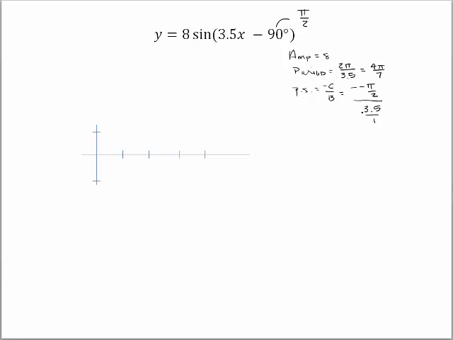And what do we do when there is a fraction in the denominator? We inverse it. Multiply and inverse. So first of all, we'll correct this, and we'll take it to a plus pi over 2, and then we will invert it, 1 over 3.5, and what that gives us is pi over 7. So that is our starting point.